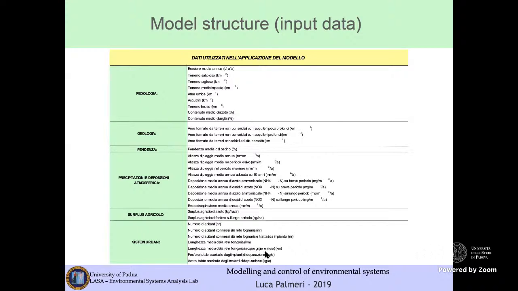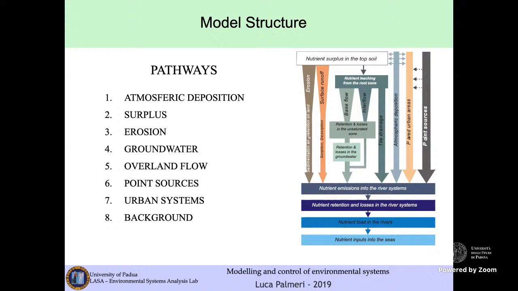So these are gray and black waters. And then phosphorus and nitrogen loads discharged by the wastewater treatment plants present on the territory. So you see you need a very large amount of data for each subbasin in order to describe your territory.